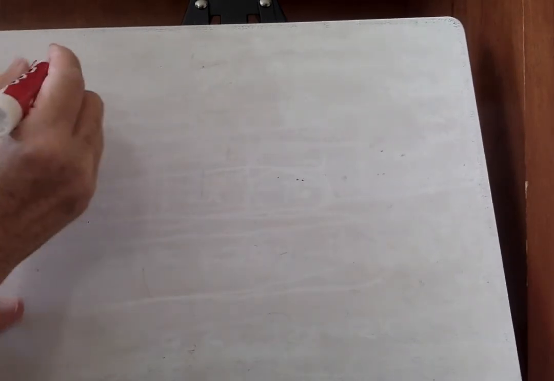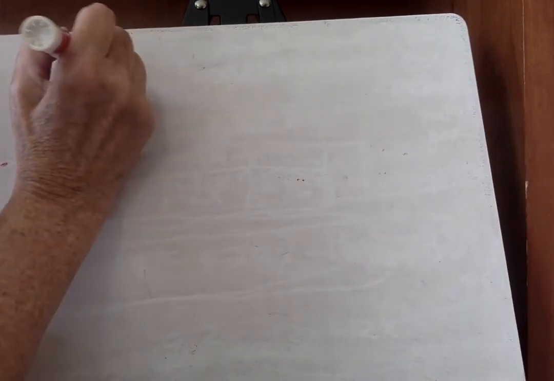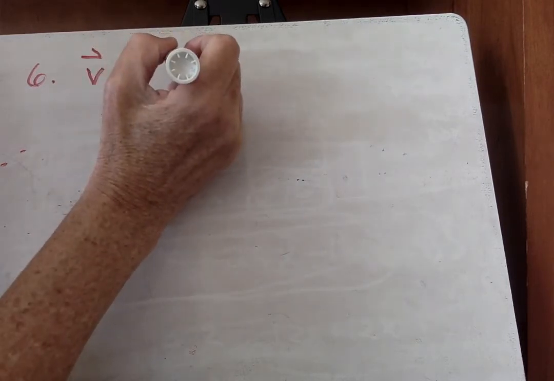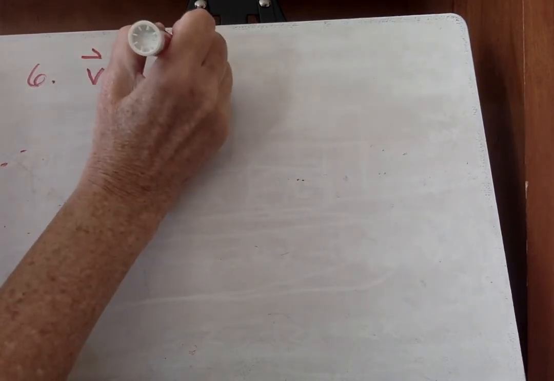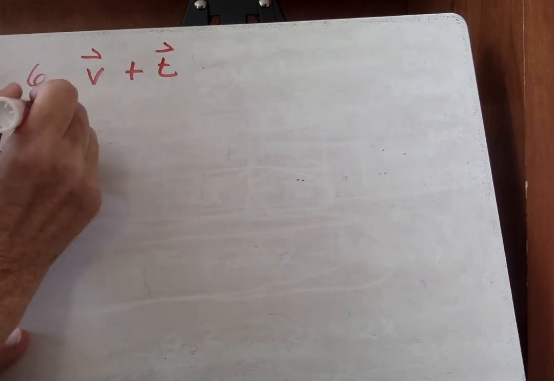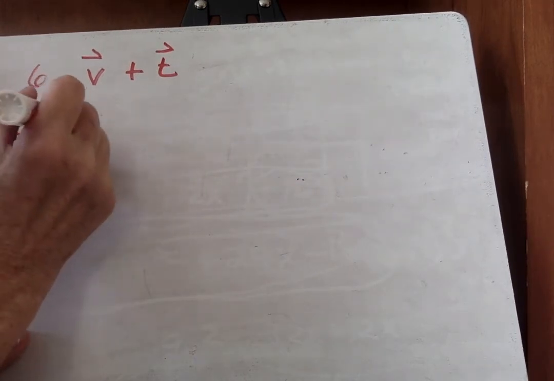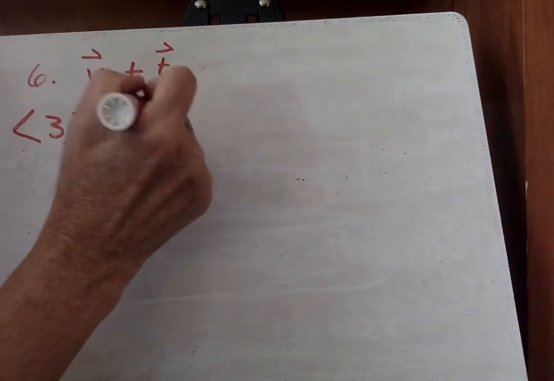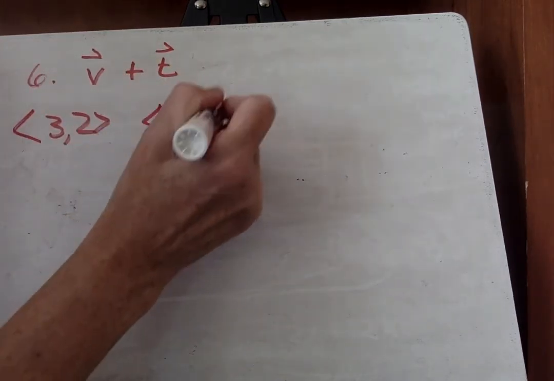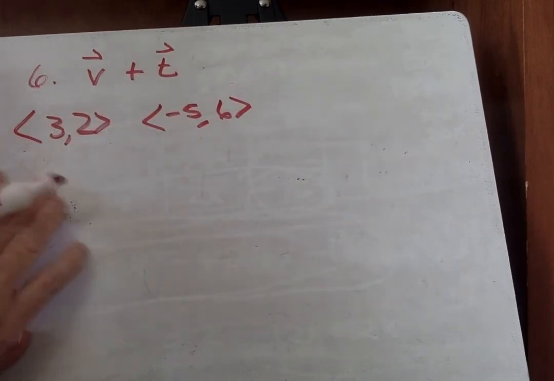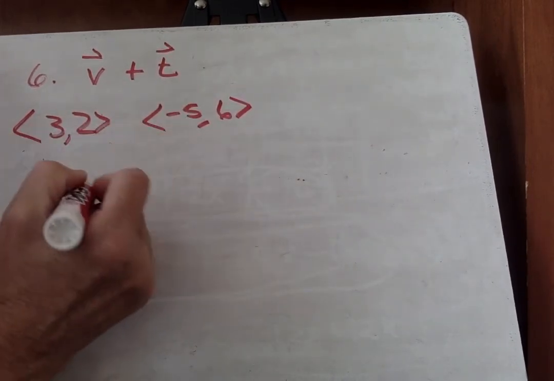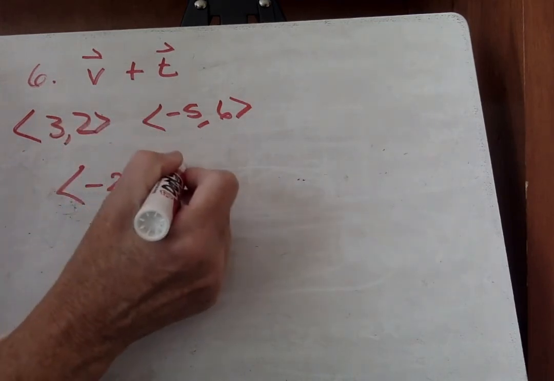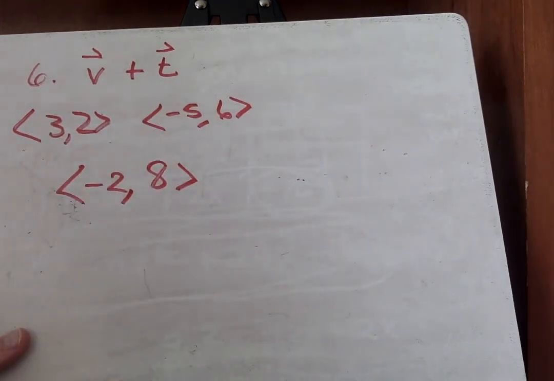I'm doing vector V plus t. V is <3, 2> and t was <-5, 6>. So again, we add the x's, that is -2, and add the y's, 8. So that's what you get when you add those two vectors.